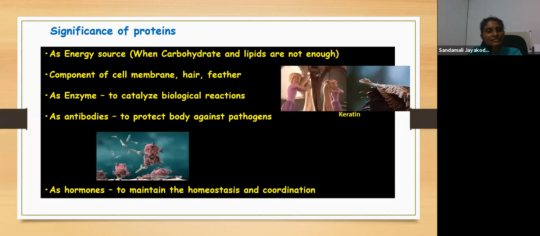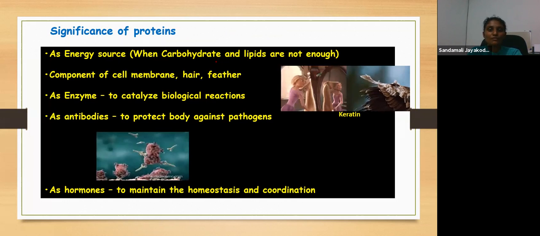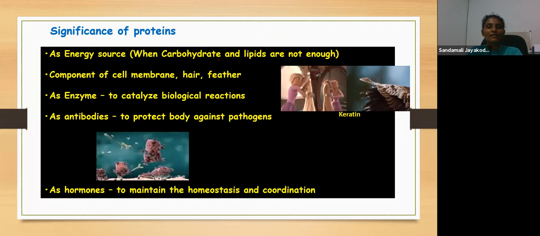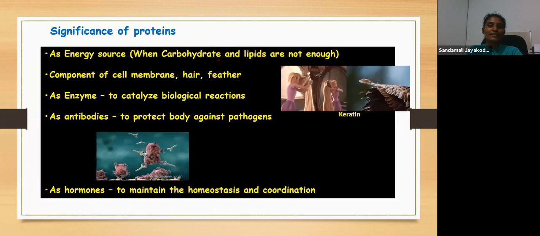As an example, I told you, when people don't have enough food to eat for a long time, when they are suffering from malnutrition, people get thinner and thinner.